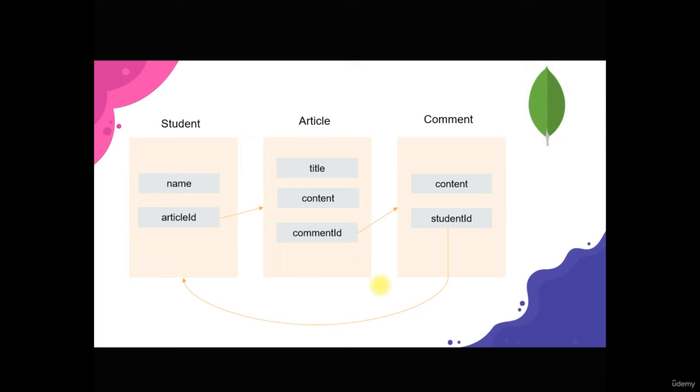Well, the downside is about the performance issues, because as you might imagine, we've got 3 different collections, one for student, one for article, one for comments. So that means we have to touch our database every single time. Now, if you're familiar, inside of SQL databases, we could do all these with a single query. But in MongoDB, it's a little more challenging.